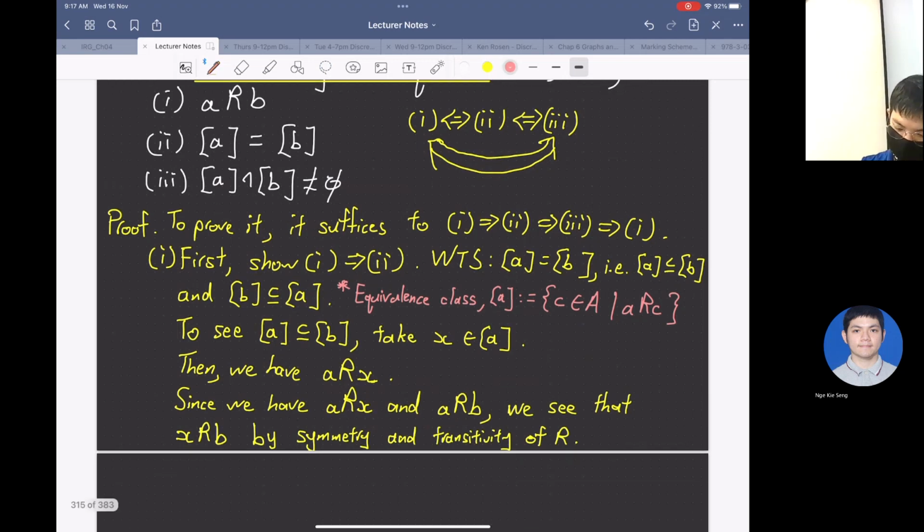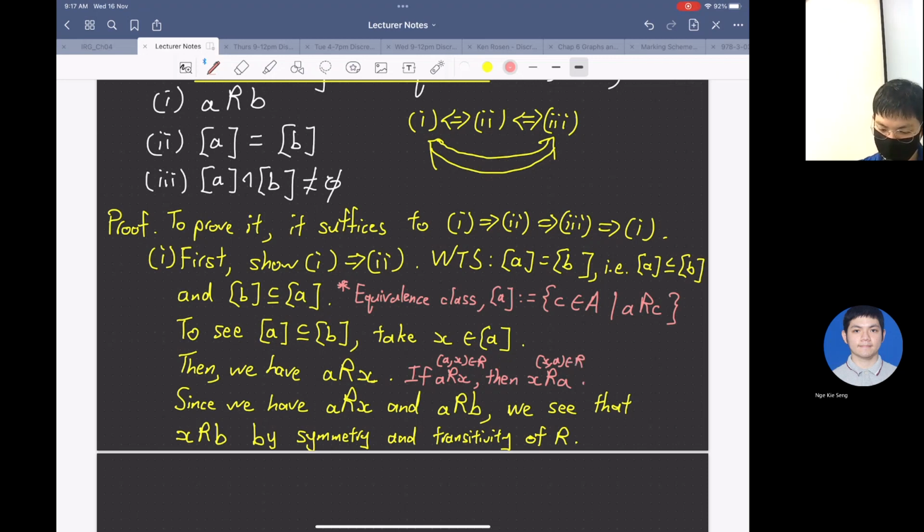To write it out here: if A R X, then X R A, right? So if (A,X) is in R, then (X,A) is in R. This is the symmetry.